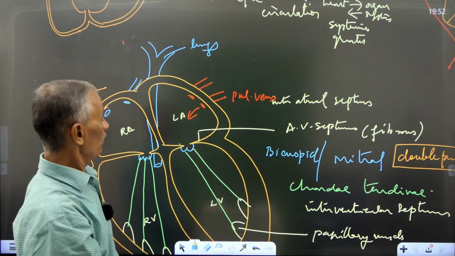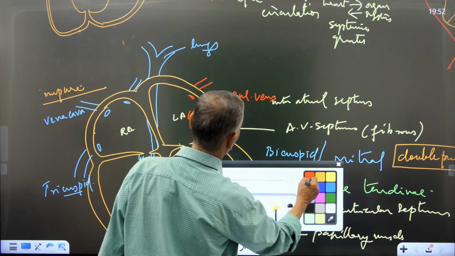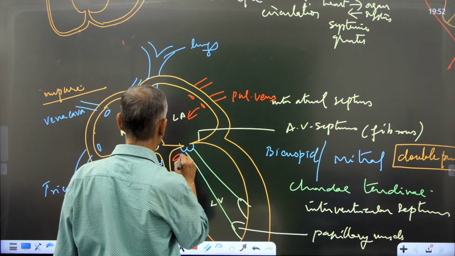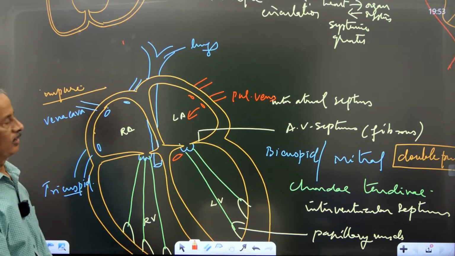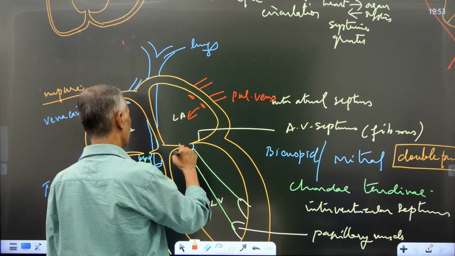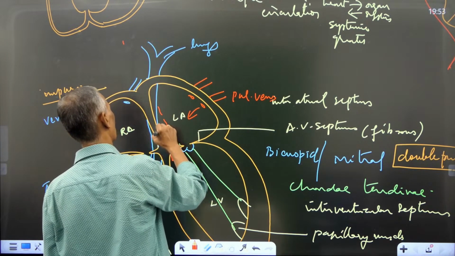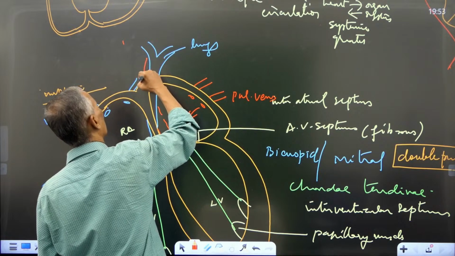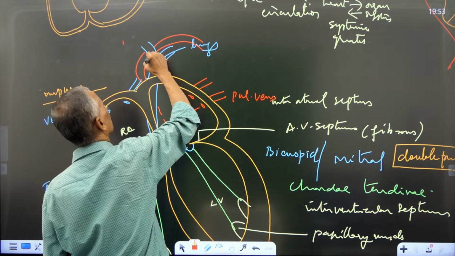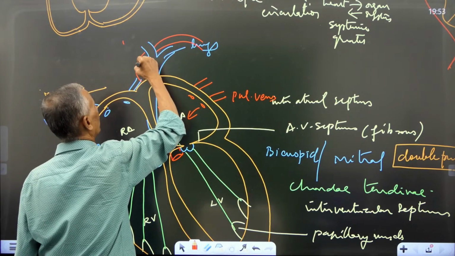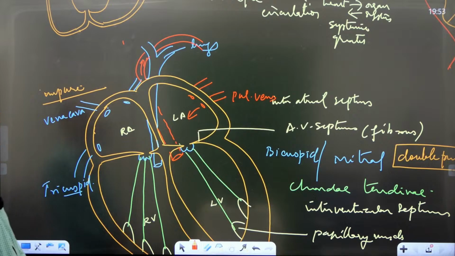What type of blood? Pure blood is taken by an important vessel called the aorta or main artery. Aorta is the main artery that takes pure blood to all systems of our body.